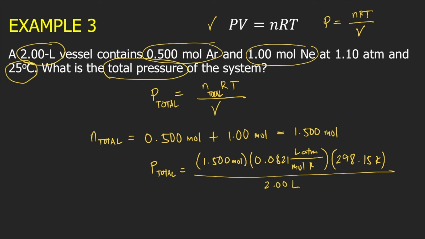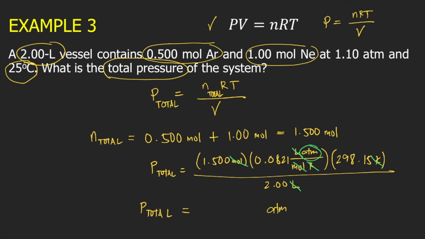So cancel the units. Moles will cancel, Kelvin will cancel, liters will cancel. So we have atm left. So if you're going to solve for the total pressure, or P total, that's 1.5 times 0.0821 times 298.15 divided by 2.